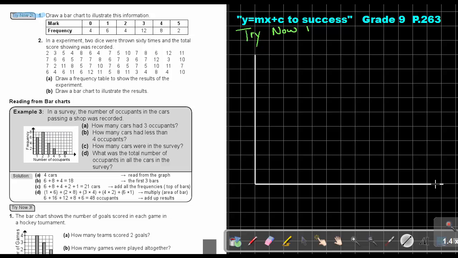On this line, it will be my mark. Let's go a little bit lower. And on this one will be my frequency. Maybe we can say this is the different marks.